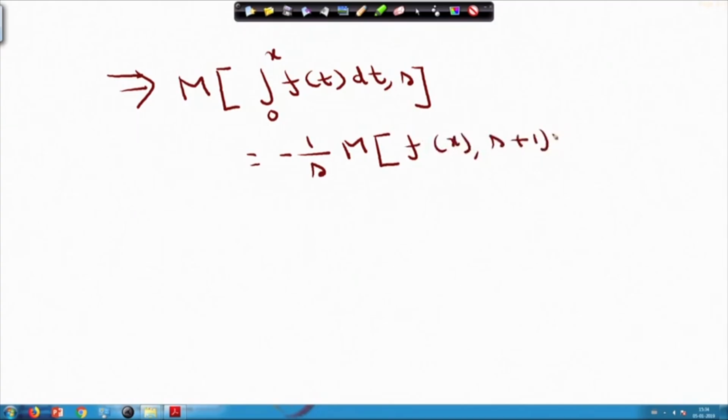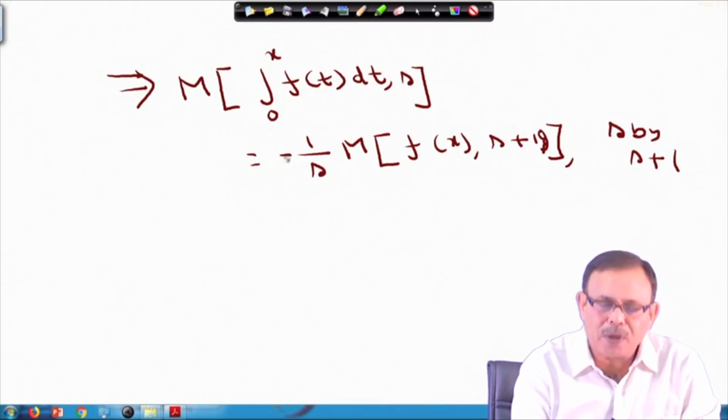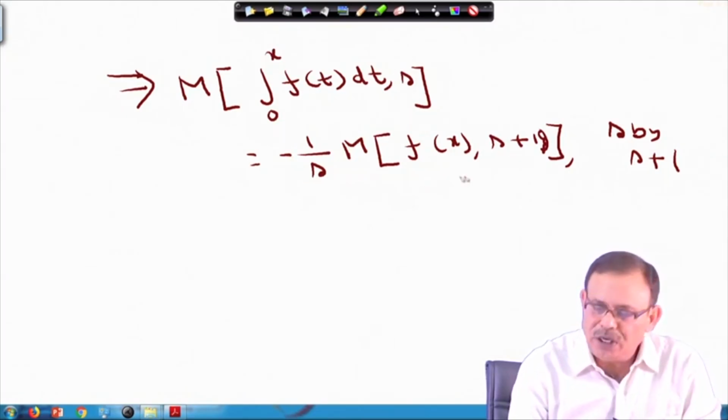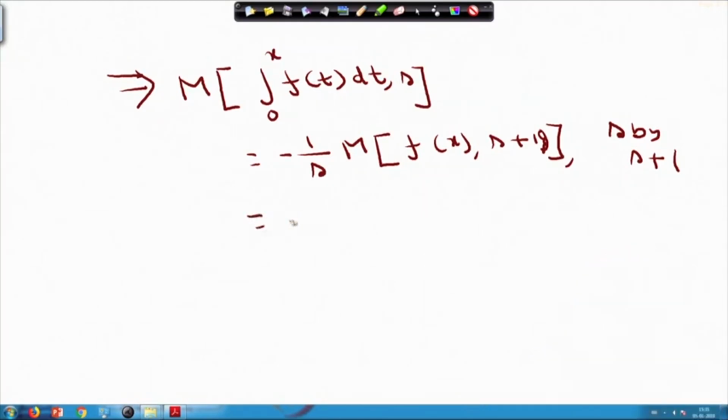What are we doing here? Basically, we are replacing s by s plus 1. In the earlier one, if you replace s by s plus 1, then you will obtain the Mellin transform of integral from 0 to x of f(t) dt, with variable s, equals minus 1 by s times the Mellin transform of f(x) at s plus 1, and this you can write as f bar s plus 1.